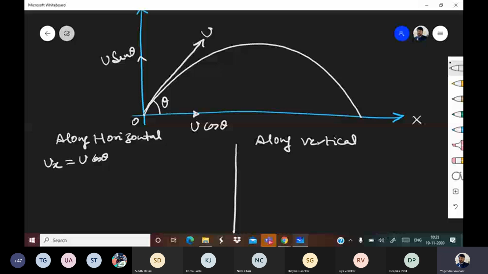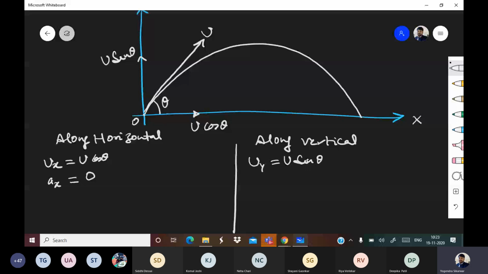Now ax is how much? Ax is 0. There is no acceleration along the horizontal. Ay is minus g. Why minus g?